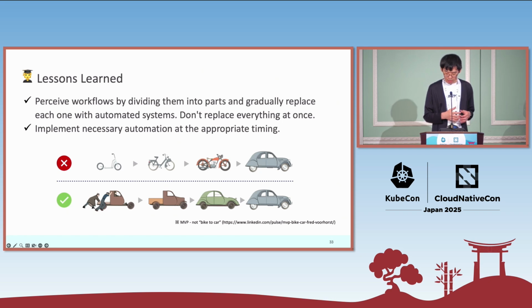It's also important to apply automation at the right time, when it's really needed. And this illustration shows this concept. The bottom row replaces part of the things at each step, providing working solutions, instead of replacing the whole thing as in the top row.